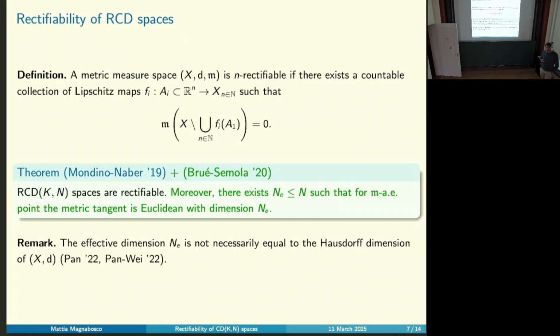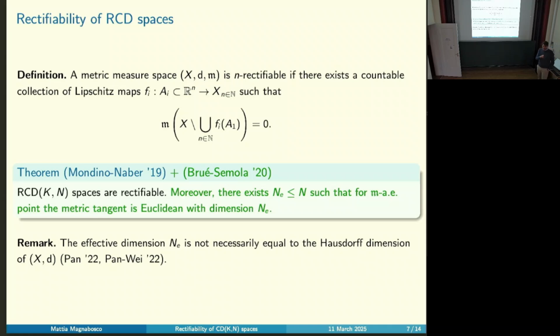Then take, for instance, R2 with a weight, and with the weight you make the Bakry-Émery N equal to 3. So the Ne is 2, but the N of the RCD(K,N) comes from the weight. So I got the question wrong. So was this the answer?